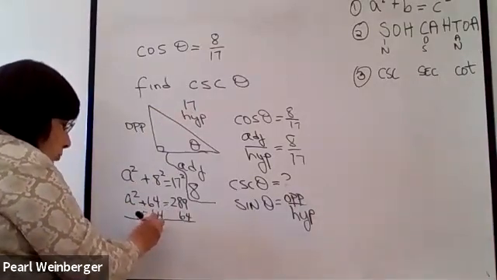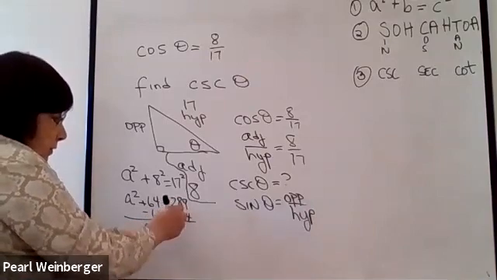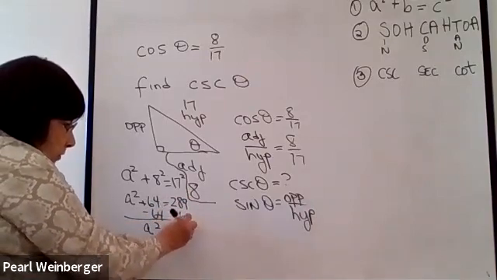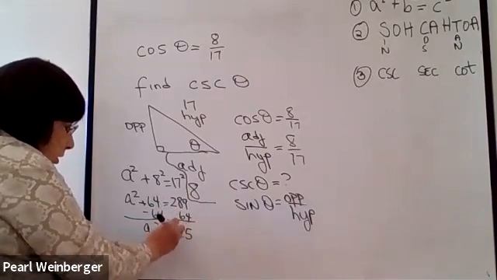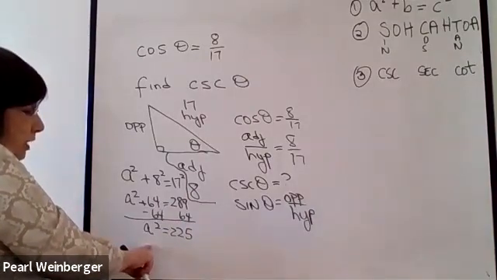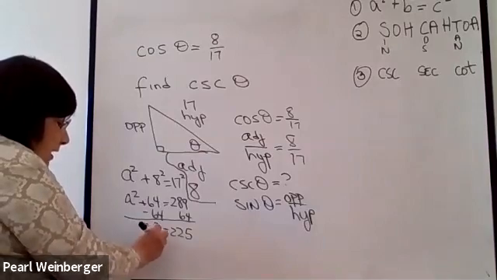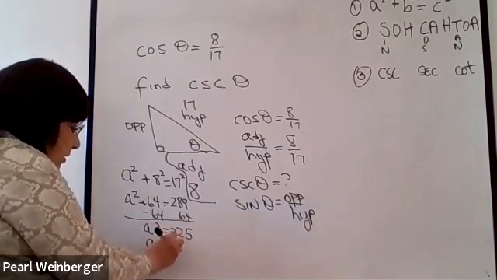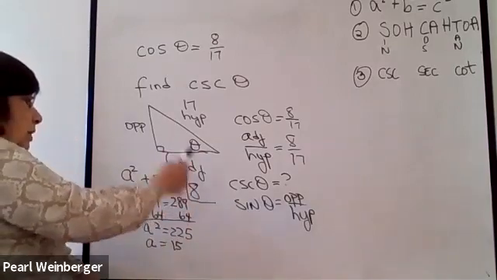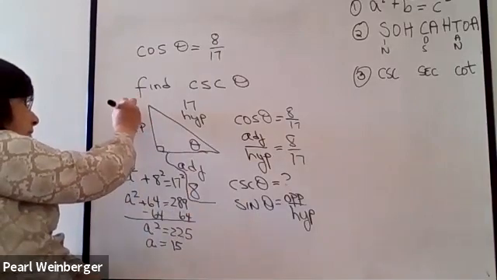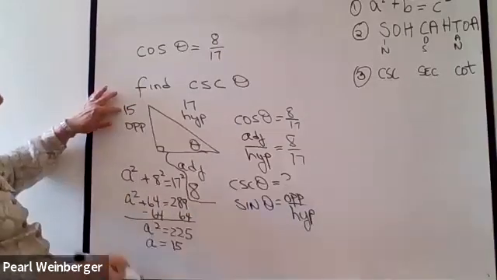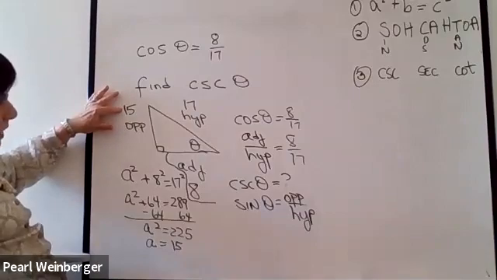So I get a squared equals 225, and if you do the square root of 225, you get that a is 15. So in this case, I figured out that the opposite side of the triangle has to be 15.